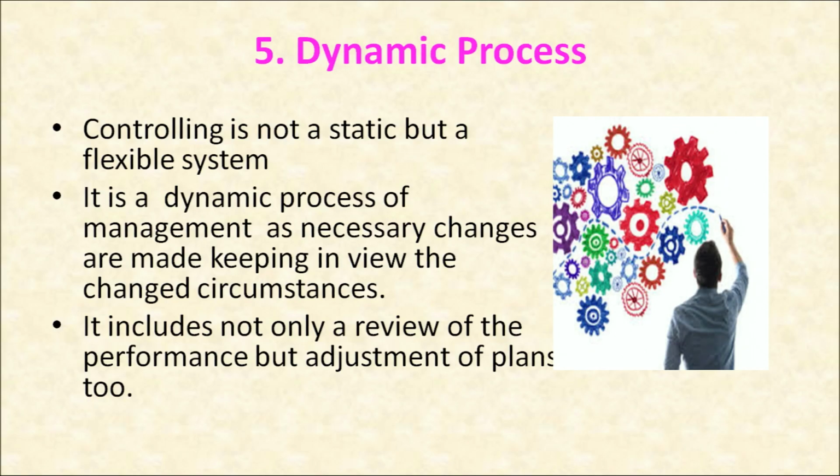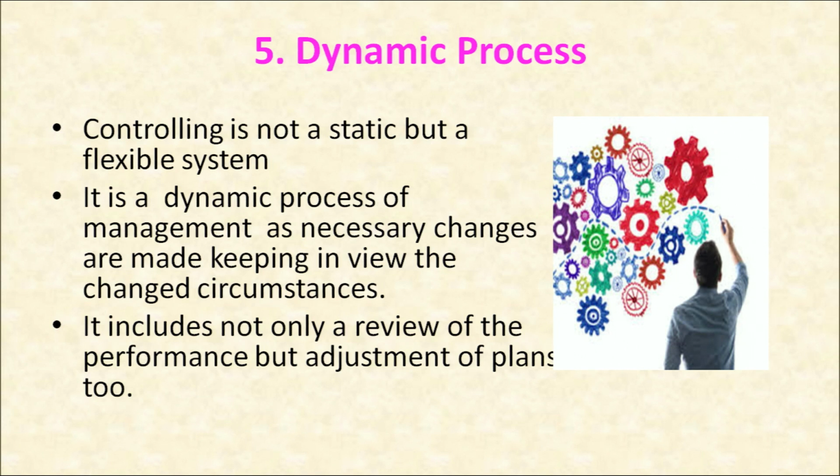Then the next important feature is that it's a dynamic process. Dynamic means something which is not constant and something which keeps on changing. So, controlling is not a static activity but a flexible system.